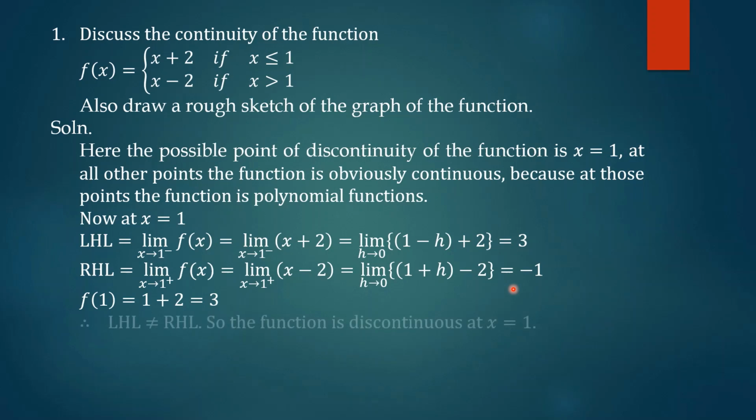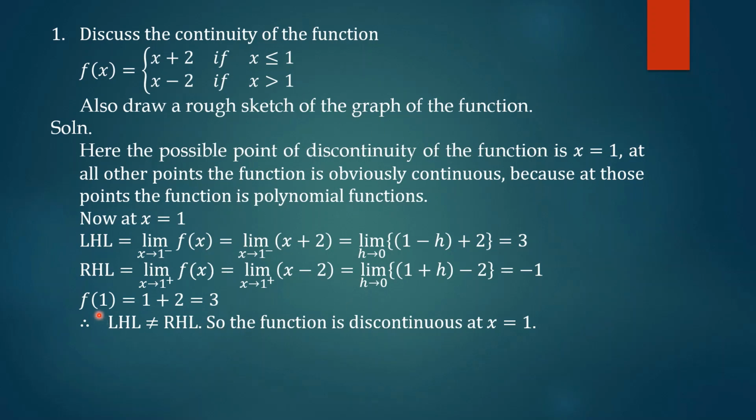So you just write here, left hand limit not equal to right hand limit, so the function is discontinuous at x equal to 1. The first part of the question is actually finished here. But to draw the graph of a function, as I already told you, we have to know each and everything about the properties of the given function.